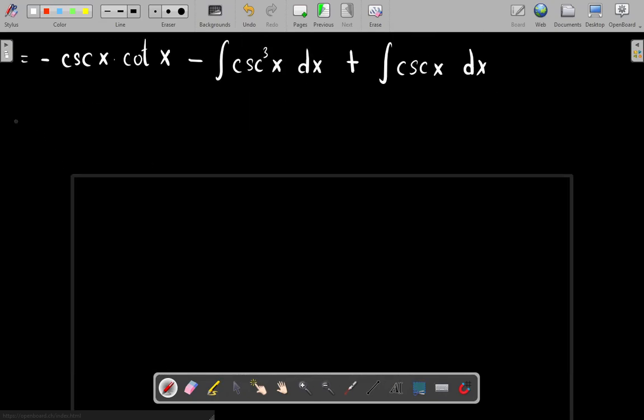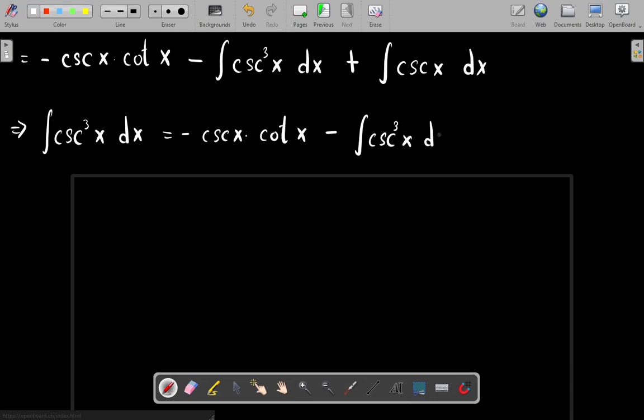So again we have integration of cosec cube x dx equal to minus of cosec x cot x minus cosec cube x plus integration of cosec x dx.